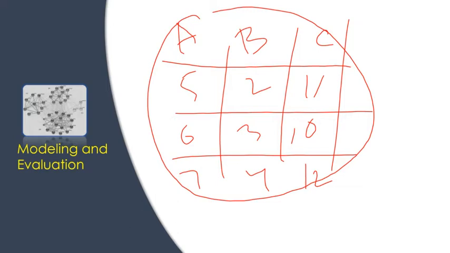Okay, so we always have some business questions. We need to answer those questions based on this data, and to answer those business questions, we need to use different data modeling and evaluation techniques. So that is what we are going to discuss.